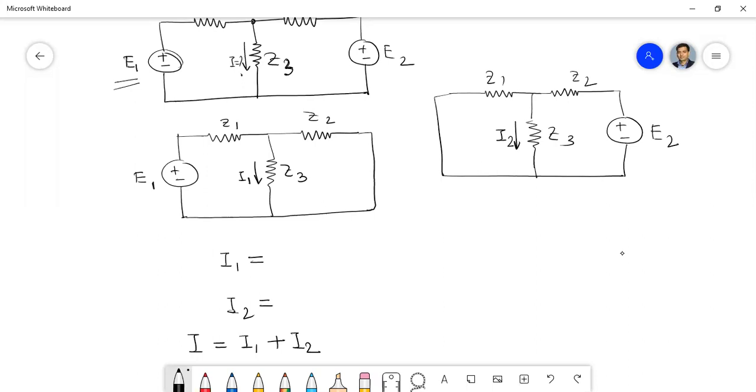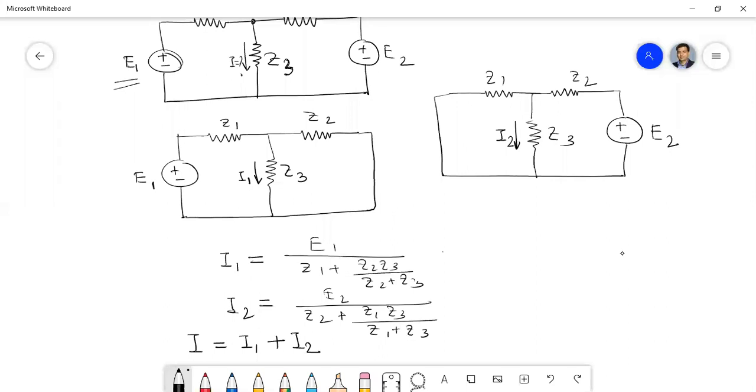I1 equals E1 upon Z1 plus Z2 into Z3 upon Z2 plus Z3. And similarly, I2 equals E2 upon Z2 plus Z1 into Z3 upon Z1 plus Z3. Is that clear?